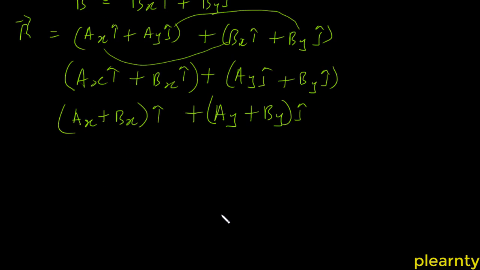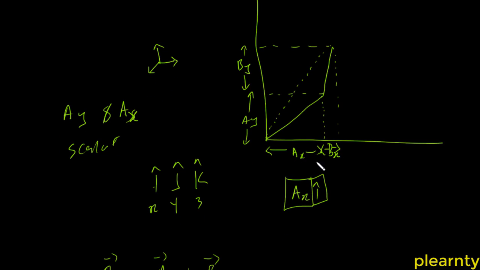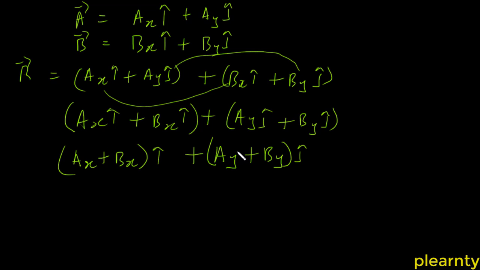Easy. So, if you look at this diagram, we find out that AX plus BX would give us Rx, since R is our resultant and this is the x component of R. So, something like this, Rx, and here we have Ry. So, let's come back to the equation.